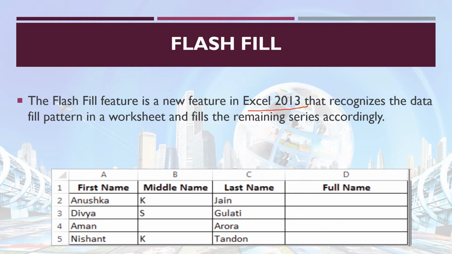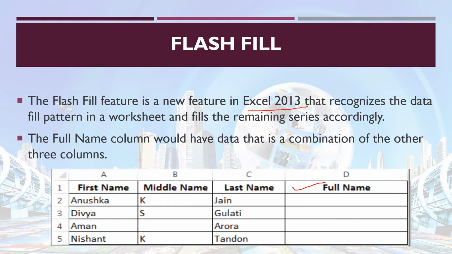See, this is a worksheet in which the first column consists of first name, the next middle name, the next last name and full name, right? So what we have to do: the first name, middle name and last name, we need all these names together in the full name column.